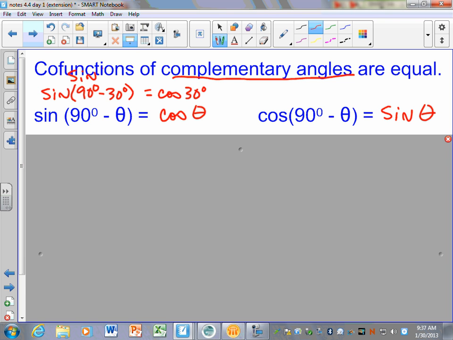Does the sine of 60 degrees equal the cosine of 30 degrees? Well, we should know that because 30 degrees is pi sixths, and 60 degrees is pi thirds. Don't the sine and the cosine just switch places? The x and the y just switch places? It works for any angles. It doesn't have to be ones we know. We could say that the sine of 50 degrees is going to equal the cosine of what?